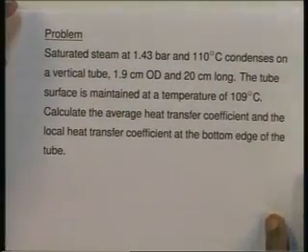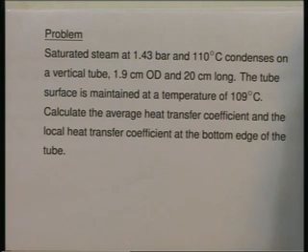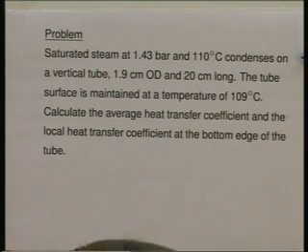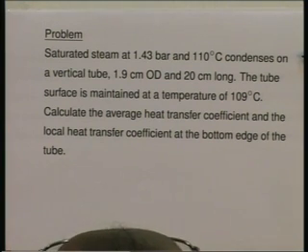So, with these comments now, we have derived our formula for condensation on a vertical plate. Now, we will do a problem just to illustrate ideas. We are going to do the following problem. Please look at the text, take it down if you like.